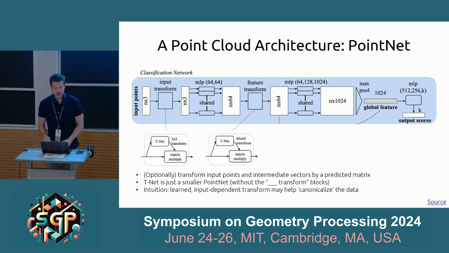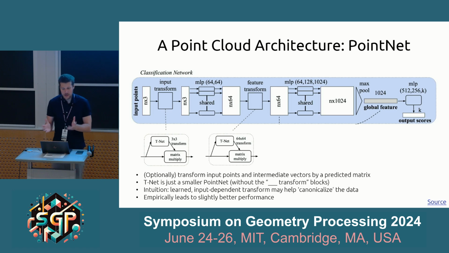The intuition is that if we apply these learned input-dependent transforms to our data, it might help canonicalize the data in some way, bring it into a common coordinate frame such that it will generalize better when we apply it to new data we haven't seen before. If you look at the original PointNet paper, they do show empirically it leads to slightly better performance. But I like to think of this as an optional step.